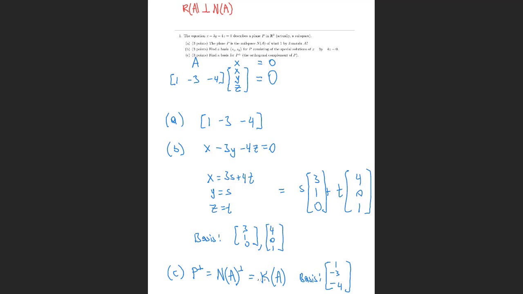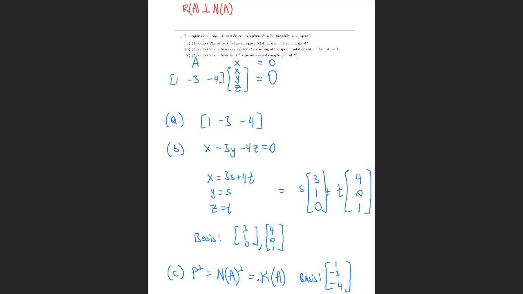So here, because the plane was the null space of this matrix A, this 1, -3, -4 matrix, the orthogonal complement, that is correct, yes. The orthogonal complement of the plane was the orthogonal complement of the null space, which is the row space.